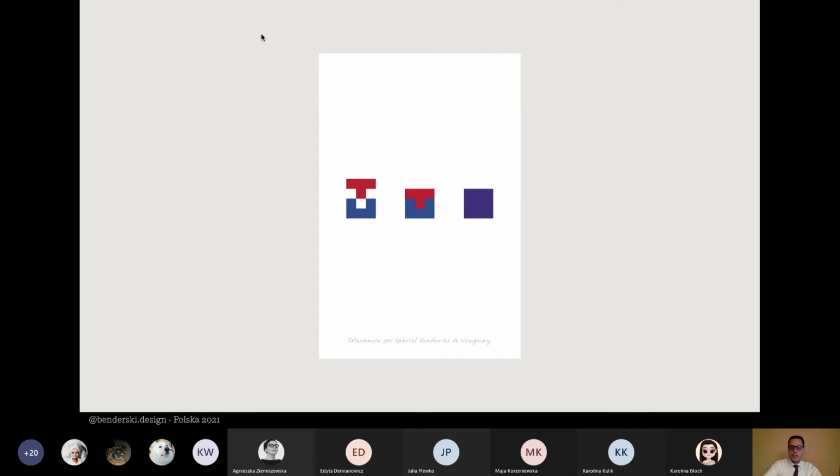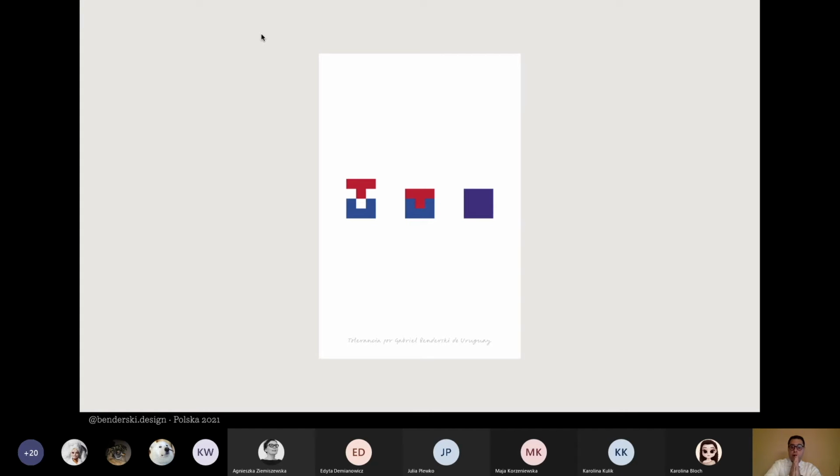This poster is about tolerance. This is a tolerance show, an international tolerance show, where more than 60 designers from all over the world create a poster about tolerance. So this is the idea that I came up with, and look what happens.